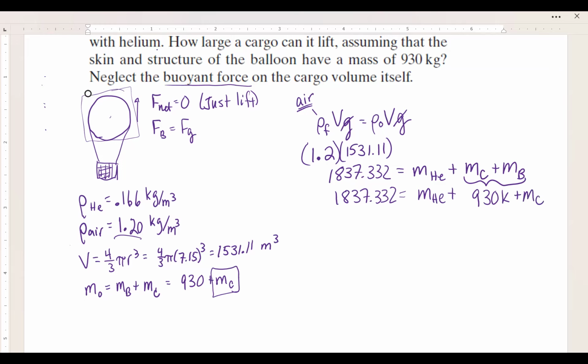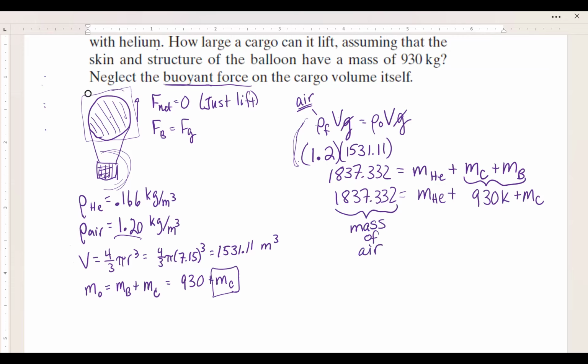Okay, so let's recap how we got here. Here is the mass of the fluid, and it's just the density of the fluid times the volume. We are neglecting any volume taken up by the cargo, and we're only including the volume of the sphere for the purposes of the air. That's the buoyant force. So I'm not worried about that. So I calculated the volume of the air, and I have the mass of the air. So I'm going to write that right here. This is the mass of the air.